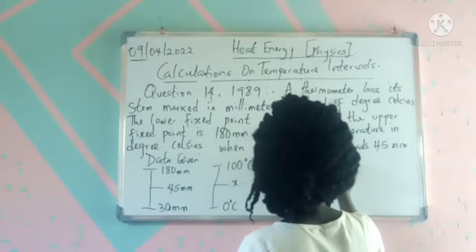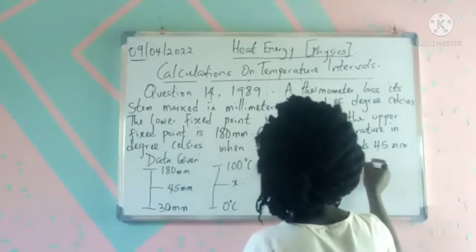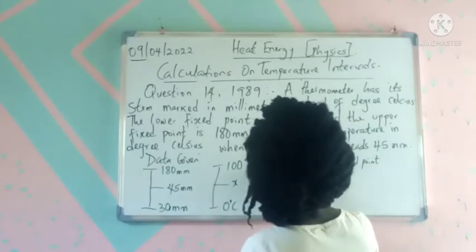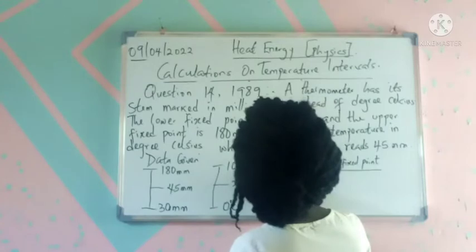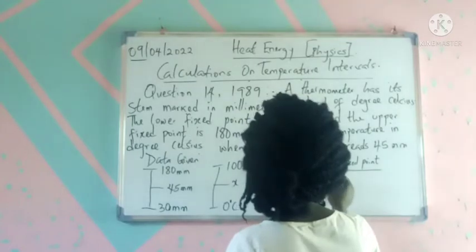minus lower fixed point over the mid-range minus lower fixed point.